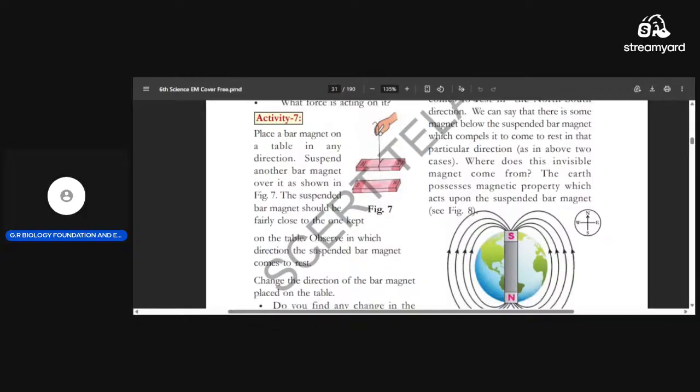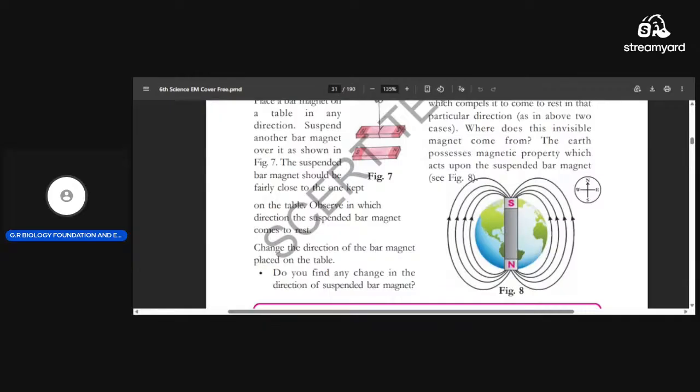Automatically, that rest position is going to change, because of the two magnets. Due to the attraction and repulsion of poles, the direction will change. After removing that magnet, the suspended bar magnet again comes to rest in the previous place, which shows a north-south direction.